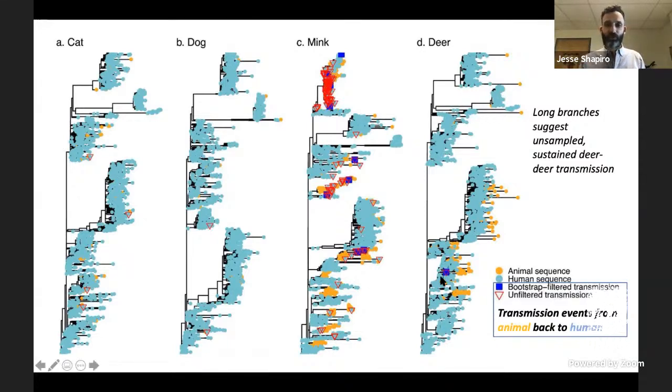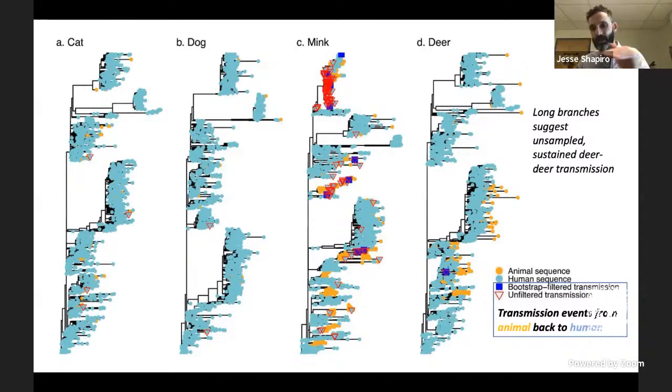And you can see here's one example from deer. One little side note, which is noteworthy, is that on the deer tree, you can see these quite long branches leading to a deer sequence, right? In these trees, I should have said, the x-axis is scaled to genetic distance, so that it's proportional to the number of nucleotide substitutions that have occurred.